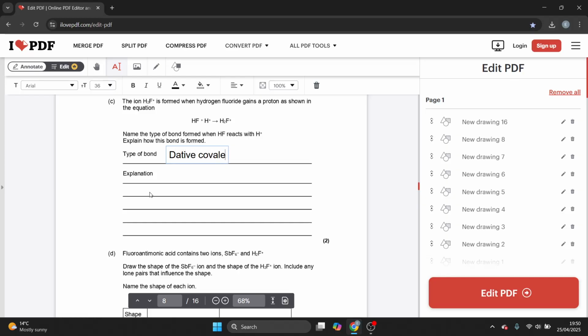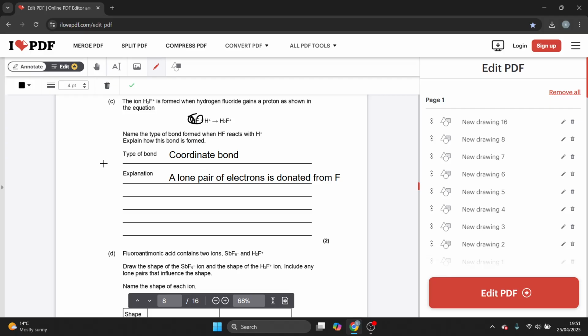That's the easy mark. Well, actually, no. Most students would say, including myself, coordinate bond. So let's just say it's that, because a lone pair of electrons is donated from fluorine. The lone pair of electrons is not going to be donated from hydrogen, is it? So it must be fluorine. And the definition of coordinate bond: a lone pair of electrons donated from this F to form a coordinate bond.